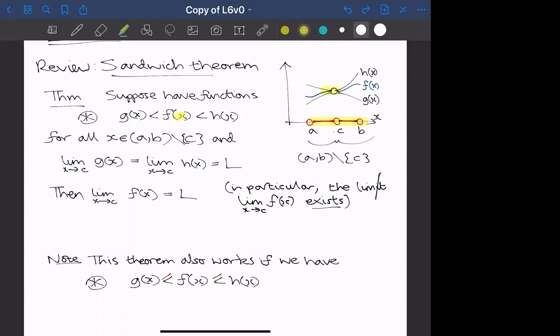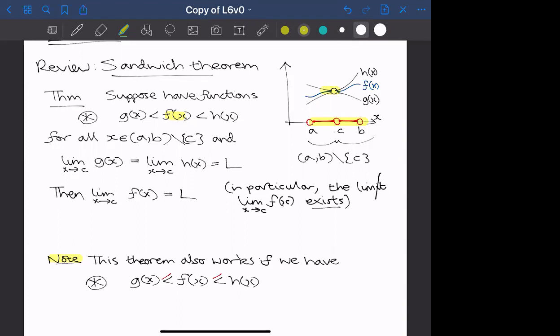So we'll give some examples of this. I just wanted to note at the bottom that we stated this theorem last time with strict inequalities, so less than. And it also works with less than or equals. The assumption of less than is a stronger assumption, but we can weaken that assumption.